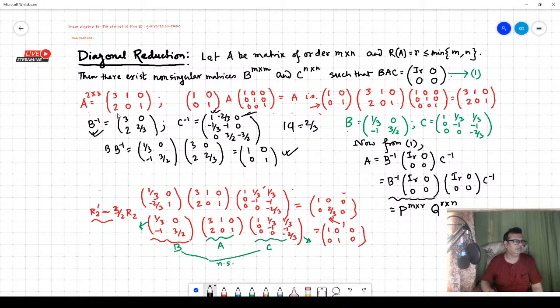What about C inverse? Subrojit, what about C inverse? Tell me. First row, second row, and third row. Tell me. Subrojit, anybody tell me the second row of C inverse?